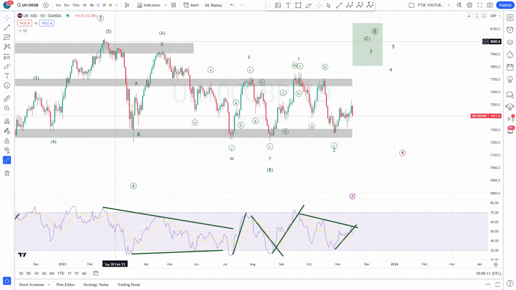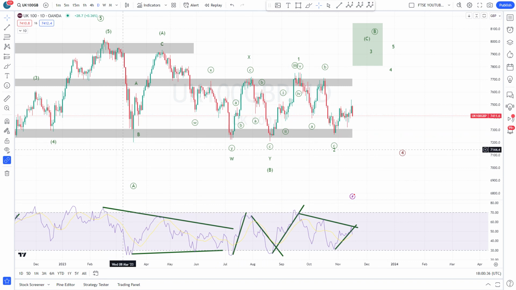So here I just showed the count in case of the bearish scenario, so that this here is our wave A. Then we should go here as a wave B, and this wave B is unfolding as an ABC pattern indeed.